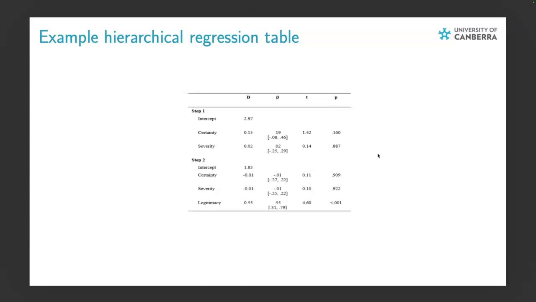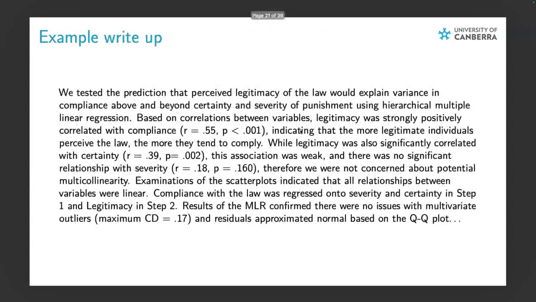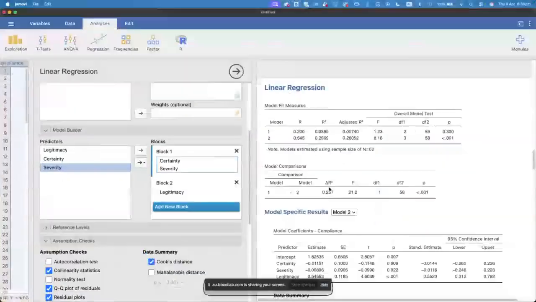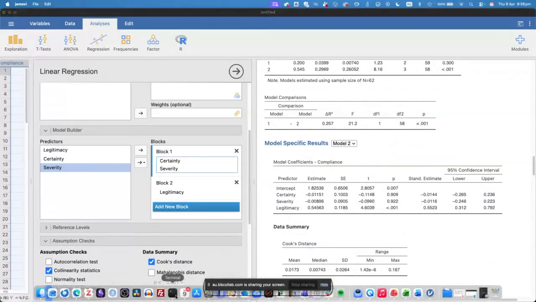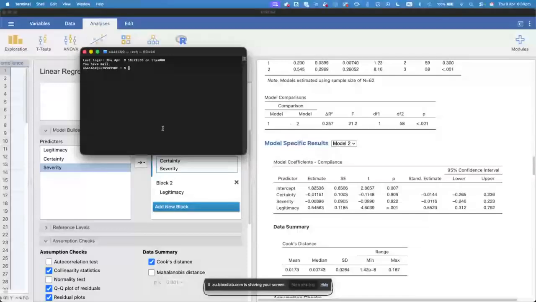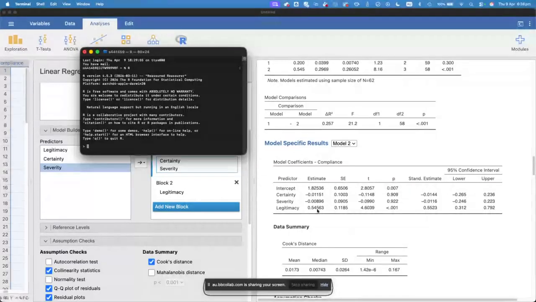What does T stand for again? No, that's fair. So the T is the T statistic. So let's go back, you'll still get a 10-minute break, don't worry. The T value is the T statistic. How it's calculated is you get the estimate and you divide it by the standard error and it gives you the T value.